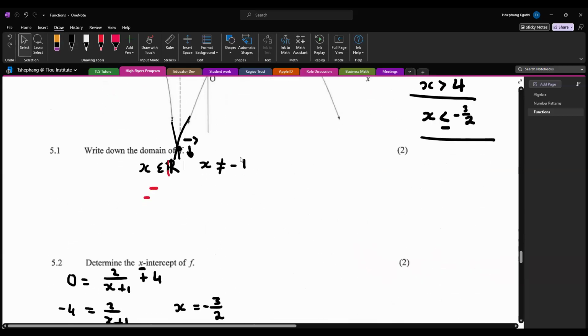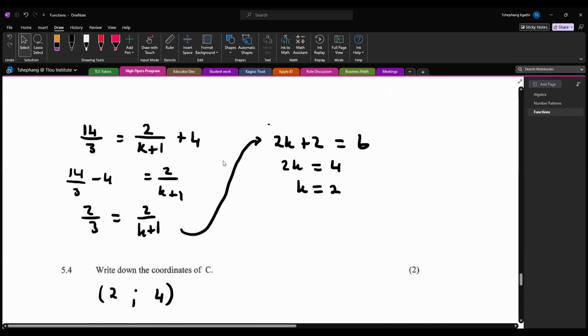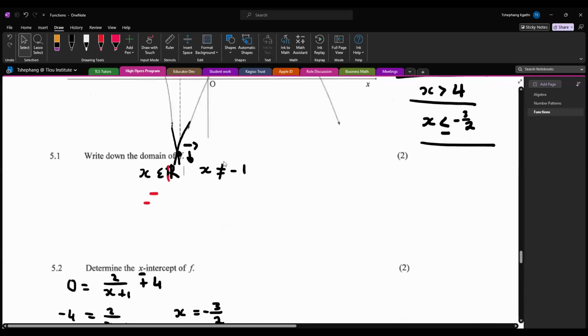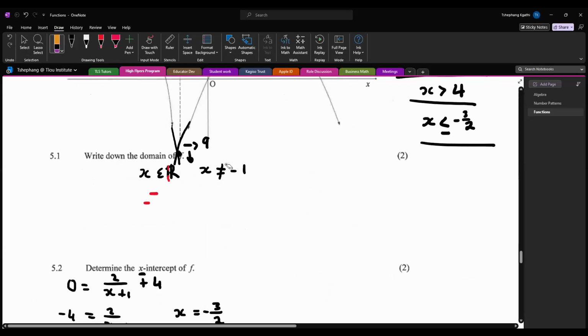Because we're shifting it 1 unit to the right and 9 units down, the only point of intersection we're going to have is still this one, because the shifting of the graph happened on both of the graphs.